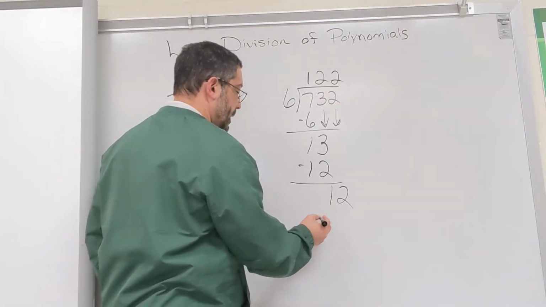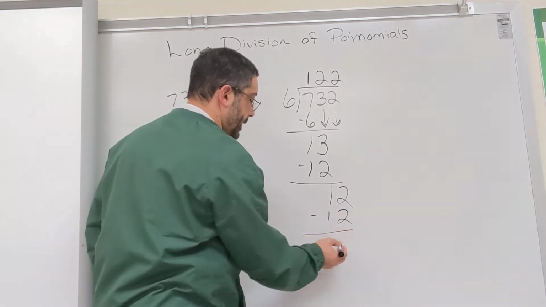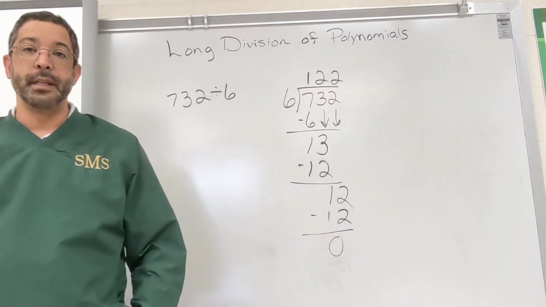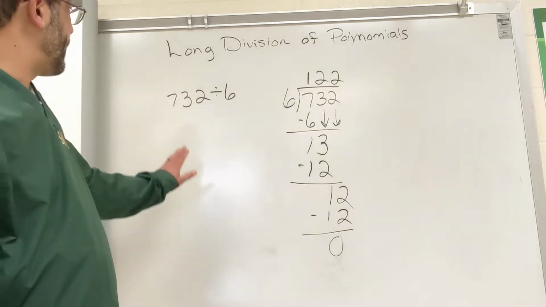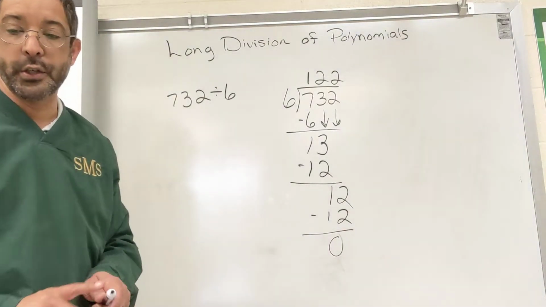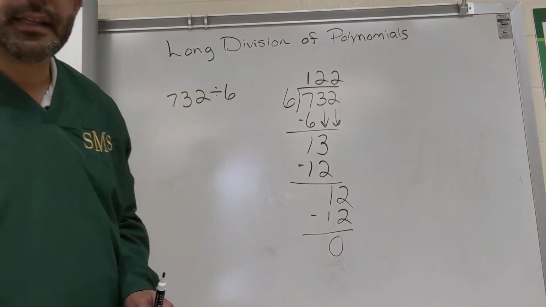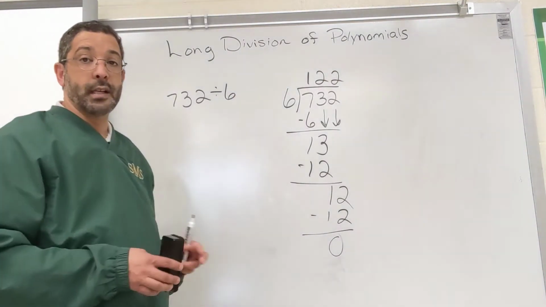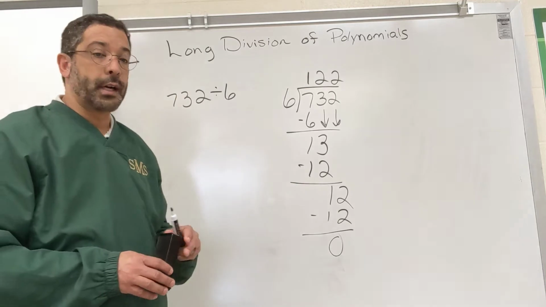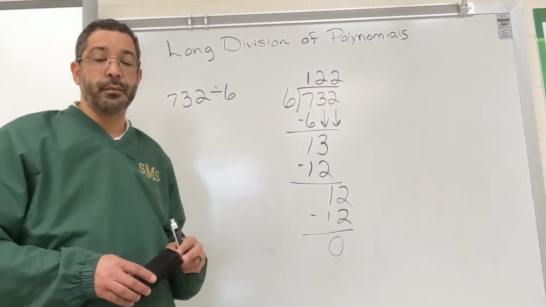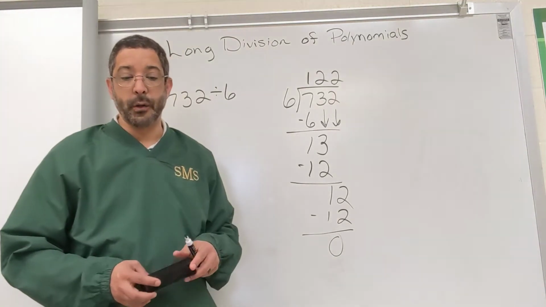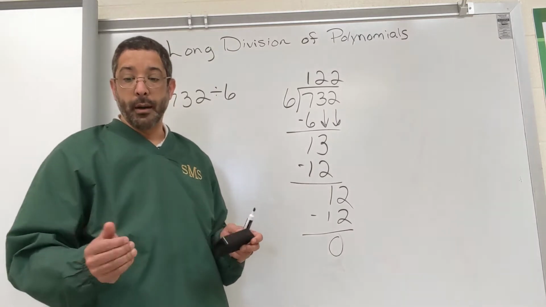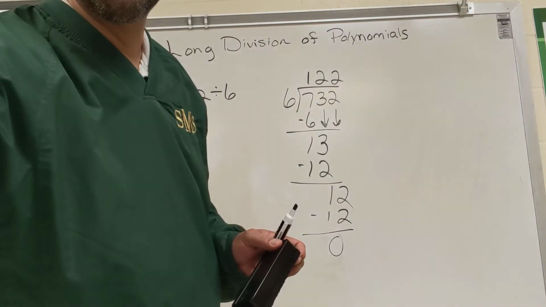So 6 times 2 is 12, and I subtract, and I'm left with 0. So the answer to my problem then of what is 732 divided by 6, the answer to that would be 122 using long division. So now what we're going to do is take this same long division process you learned in elementary school and use it for polynomials.